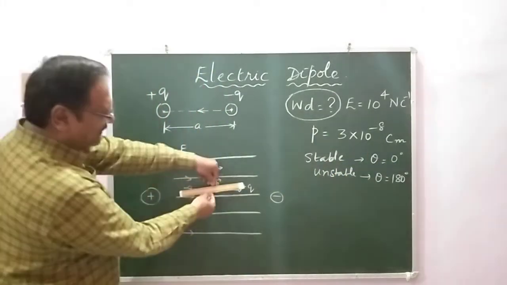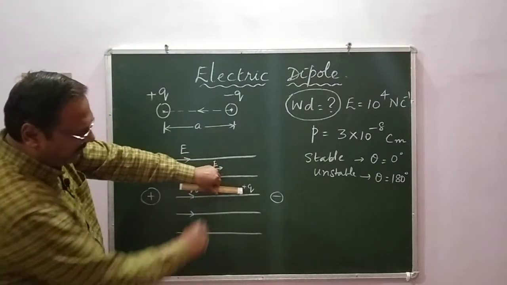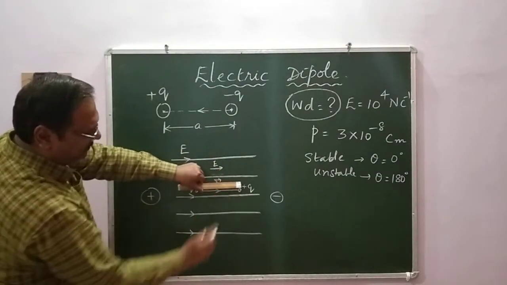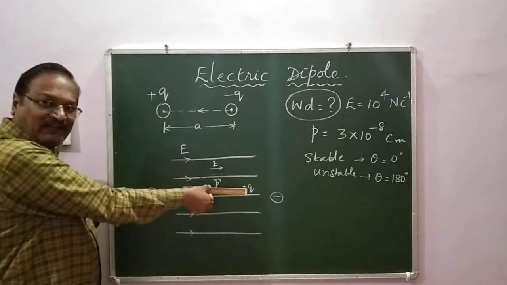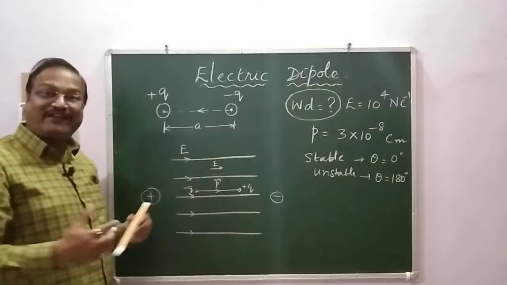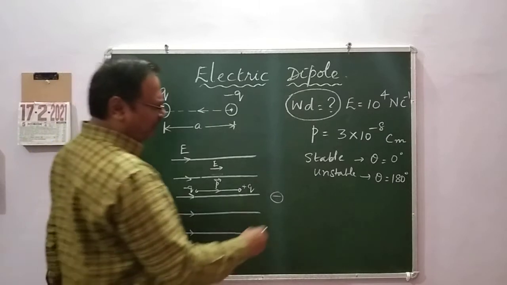Now, what is the work done in rotating it from stable equilibrium to unstable equilibrium? How much am I rotating? 180 degree, from 0 to 180. Now, what is the work done formula?